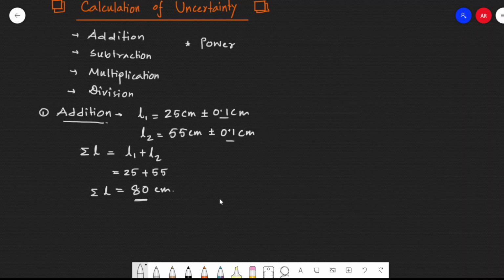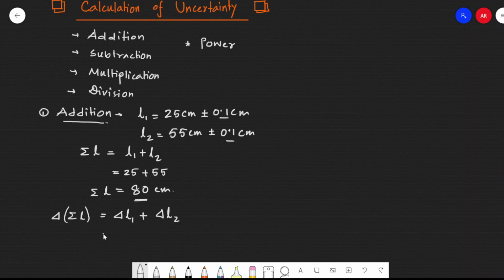How to calculate that uncertainty of the total length? If we want to find out the uncertainty of the total length, this is how we symbolize it. It is the uncertainty of length L1 plus the uncertainty of length L2.